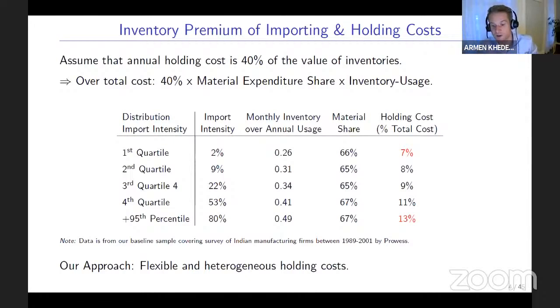We're using a survey of firms by Prowess, and these are big firms, and around 70% of them are actually importers, which is not what we would get in the census. We don't know if the firms that we observe that are not importing are actually importing through other channels. I conjecture that's actually the case, because we get some results that make us think this might be going on in the data. But to answer your question, these are direct imports.